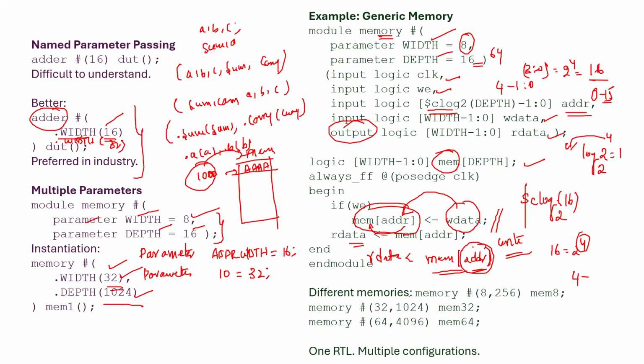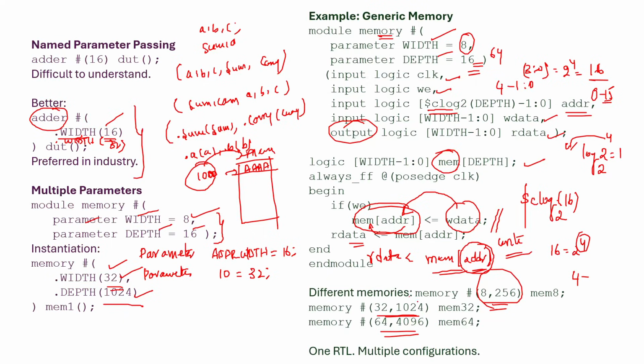Now this is 8 bit comma 16. Now I want to change it, 8 to 256, or 32 to 1024 and 64 to 4096. Now you are changing the values, right?